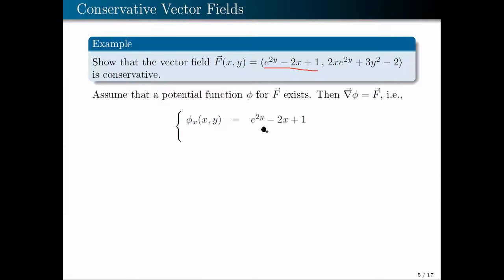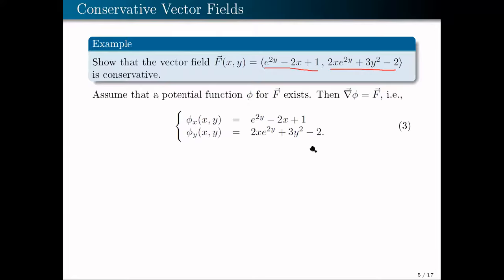Similarly, we have phi sub y, or the partial derivative of phi with respect to y, equal to the second component of the given vector field f, which is 2x exponential of 2y plus 3y squared minus 2. Okay, so we now have expressions for the partial derivatives of the function phi.